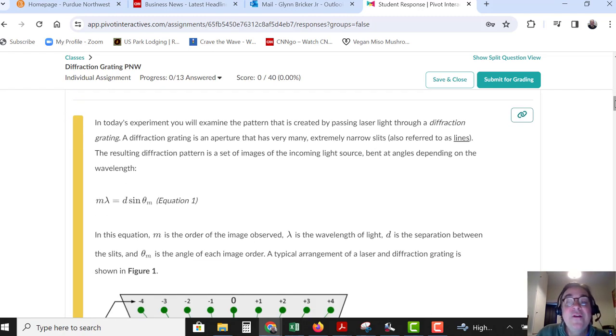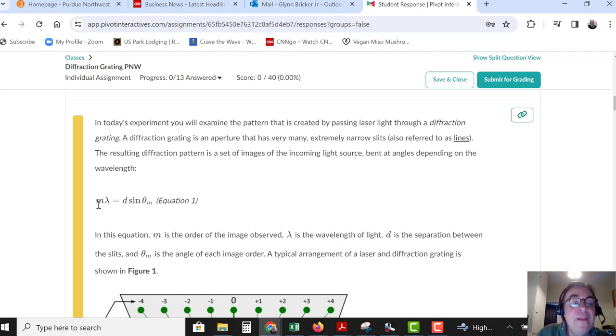So remember from class, this is the equation that governs the behavior of a diffraction grating. m times lambda, where lambda is the wavelength, is equal to d times sine of theta, and this little index m goes along with that.